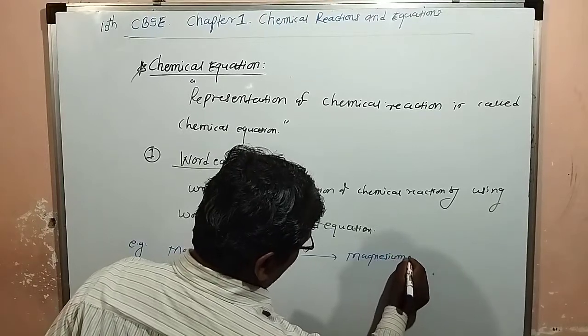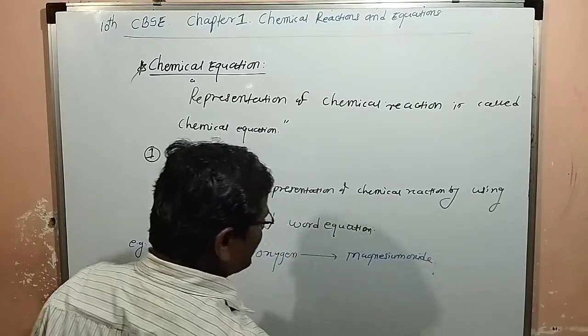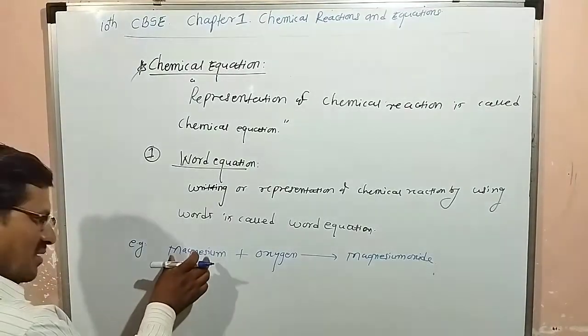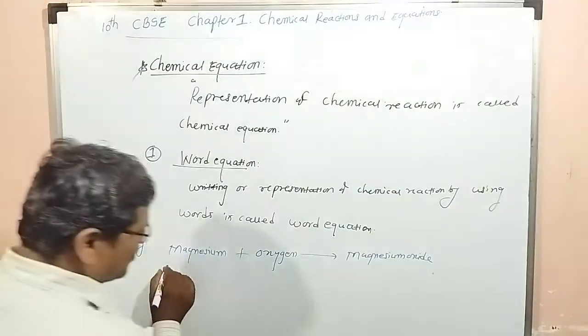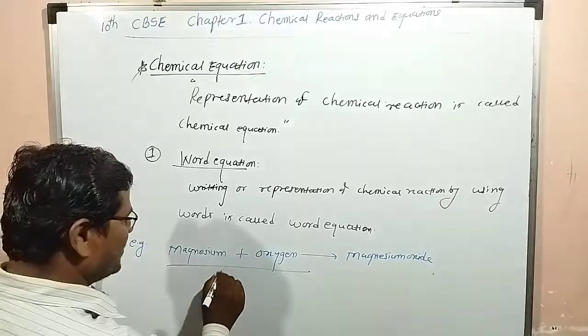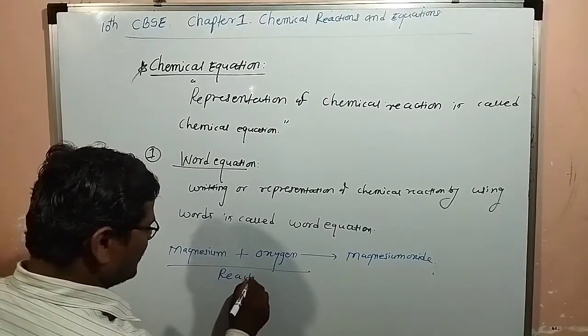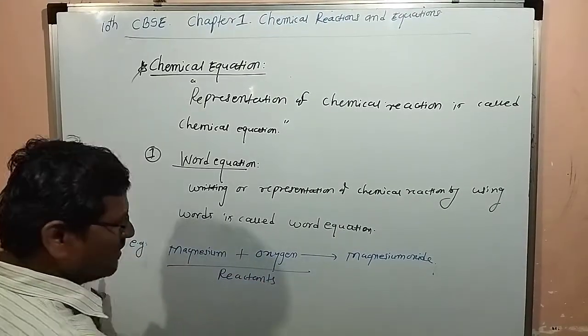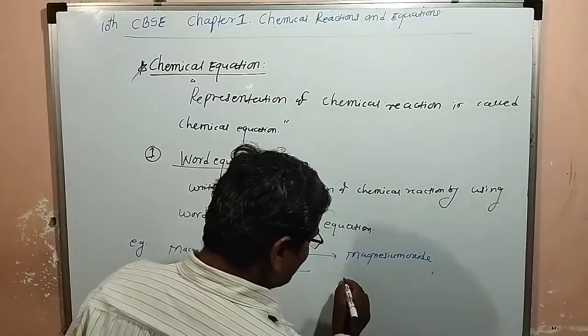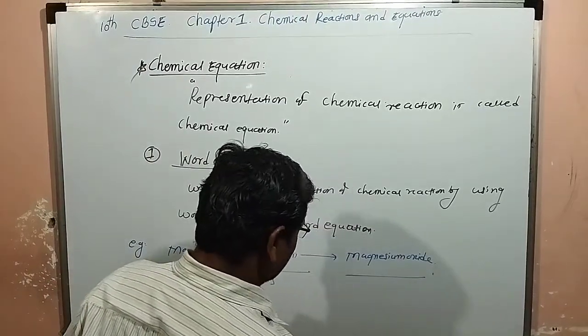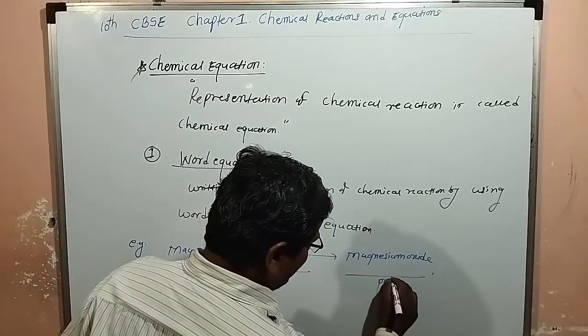The substances written on the left side are the reactants, and the substances written on the right side of the arrow are the products.